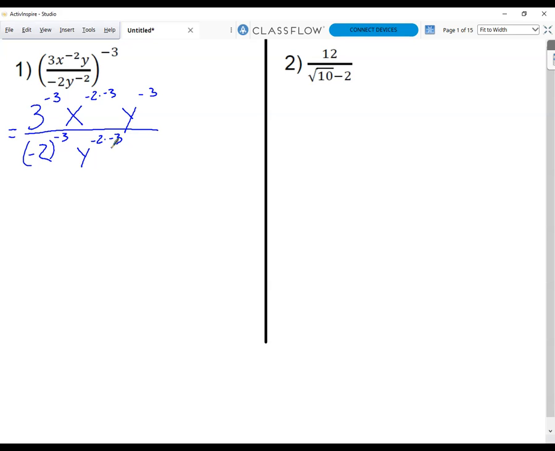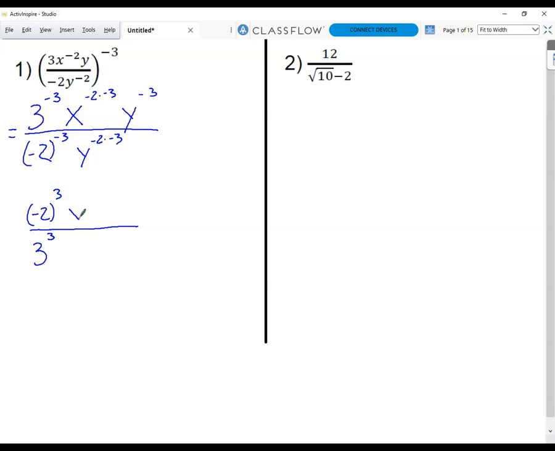So what I do next is my constants, I flip them over the division bar, and I keep the power. So 3 will go to the bottom, and it'll just become 3 to the third, and negative 2 will go to the numerator and go to the third. And then I simplify my exponents.